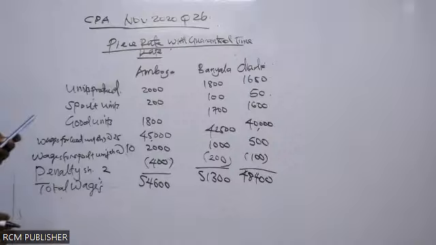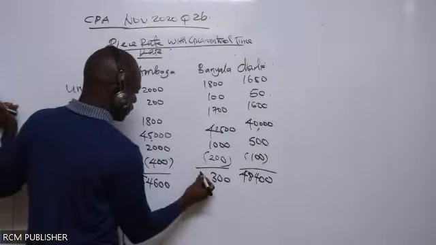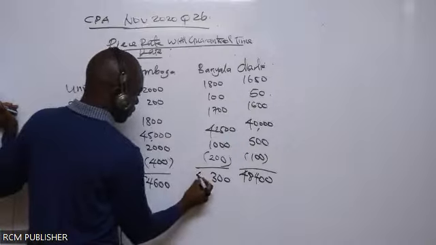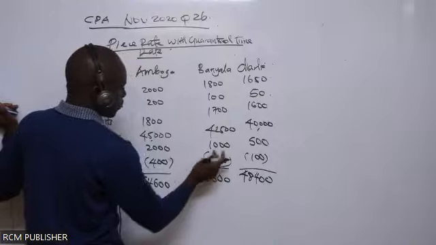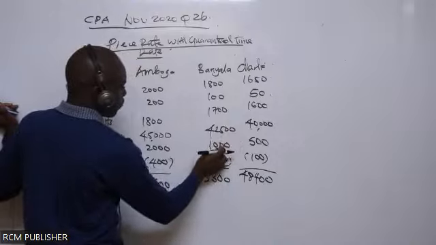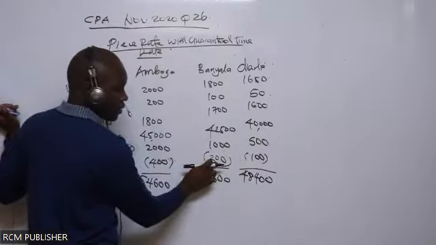The employees are guaranteed a minimum monthly pay of 8,000. B is 43,300, because we have 43,500 minus 200.